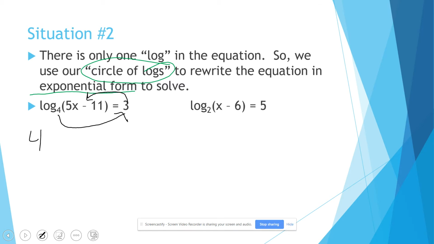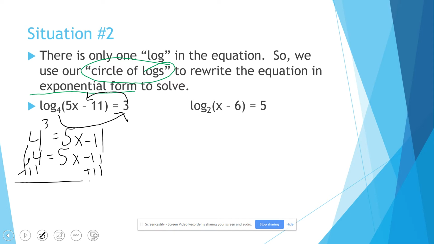So we have 4 to the third power is equal to 5x minus 11. 4 to the third power is 64. Add 11 to its like term of 64. We have 75 is equal to 5x. Divide by 5, and x is 15.